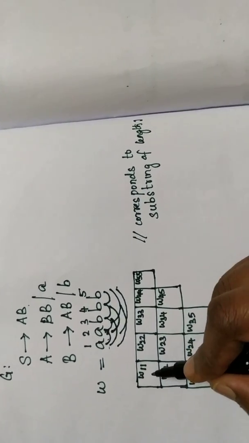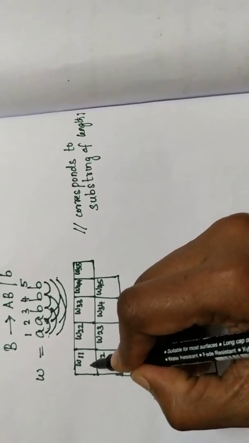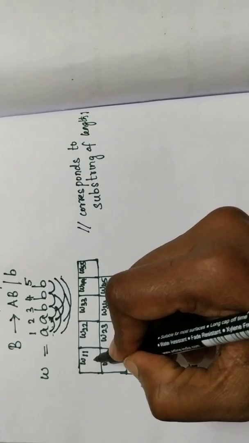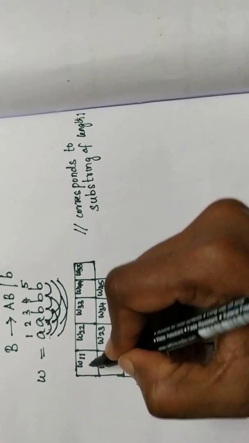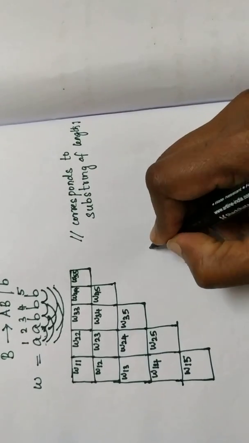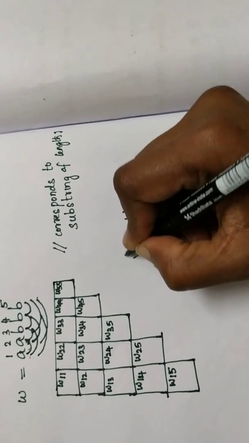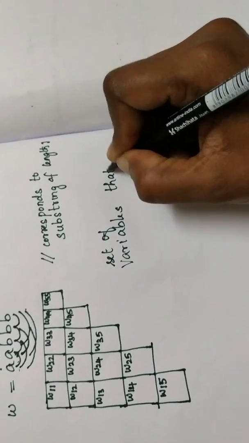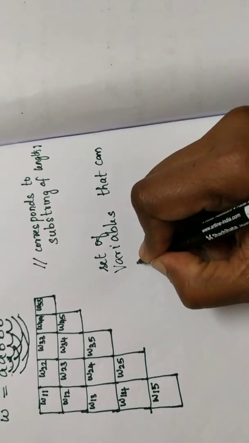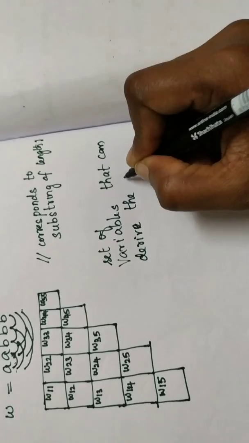Each cell of this table corresponds to a substring of the string, so we need to find the set of variables that can derive that substring.